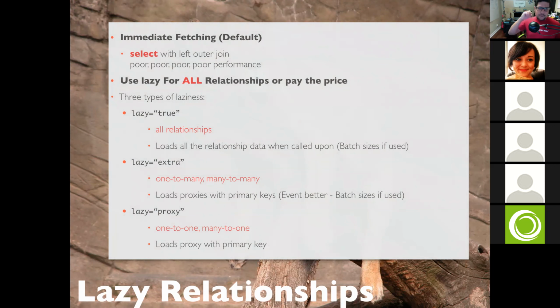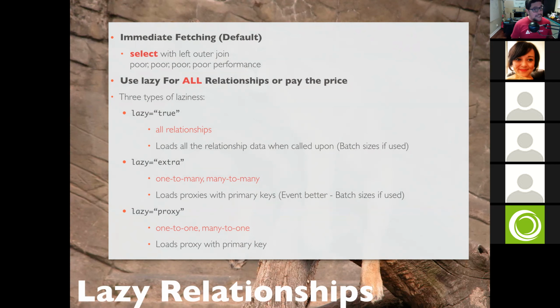I would recommend to use lazy for all relationships, no matter what ORM you have, unless you have very specific use cases. If not, you pay the price, right? And Hibernate offers 3 types of laziness. When you say lazy equals true, that applies for all relationships. And it basically will load all the relationship data when called upon. That means when you retrieve it, like with a getter, get something.